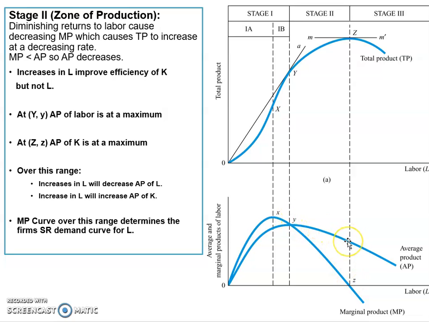Okay. What about capital? Well, the average product of capital over this stage is actually going up. Why? Because total product is going up. Remember, you can always determine whether capital is becoming more efficient or less efficient by looking at what's happening to total product.